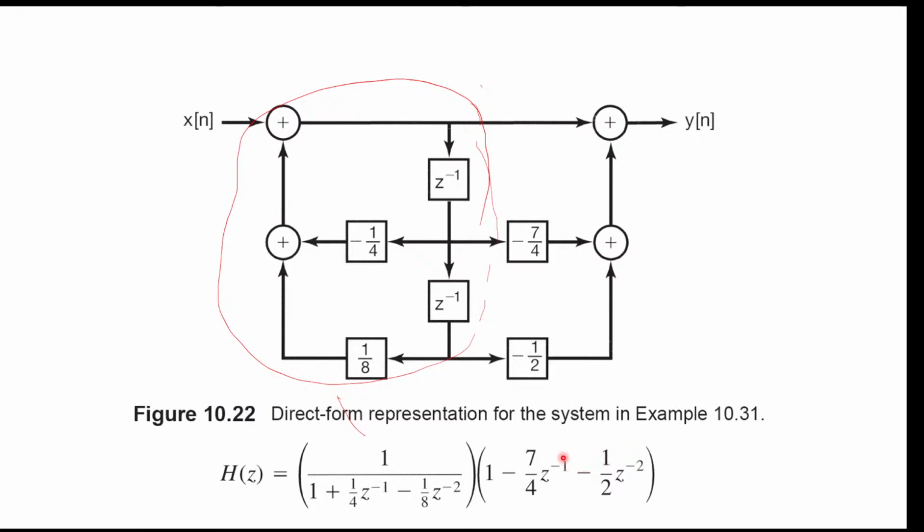And so this is a more complicated feature, and we basically reuse those two z minus 1, but they give us two different purposes in this picture. On the left hand side this is a feedback, so it goes back and combines with this input, and because of this feedback it becomes this denominator term.